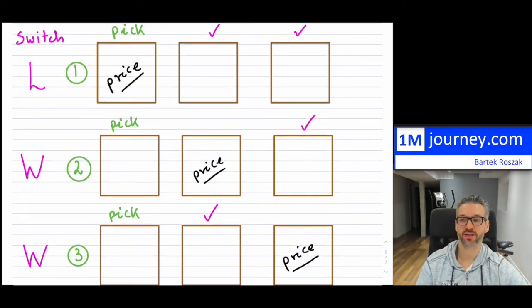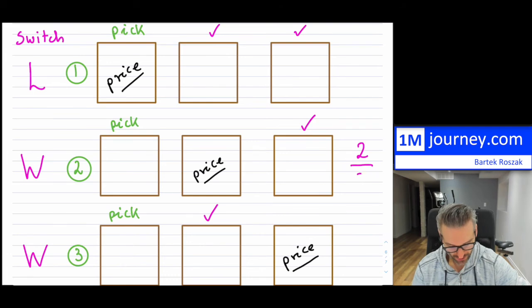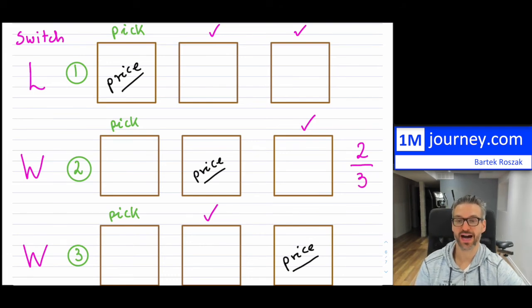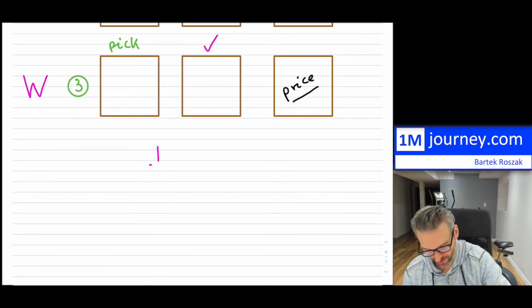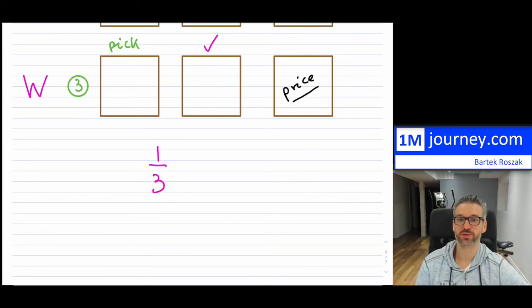Look what happens if you switch. 2 out of the 3 times you win, so the probability is 2 out of 3, and not 1 out of 2, which is a half, which is what most people think. So switching would allow you to win 2/3 of the time. Should you switch? Yes, you should switch, based on probability. Of course, if the first thing happened, you switched and you lost, but your probability of losing if you switched is only 1/3.